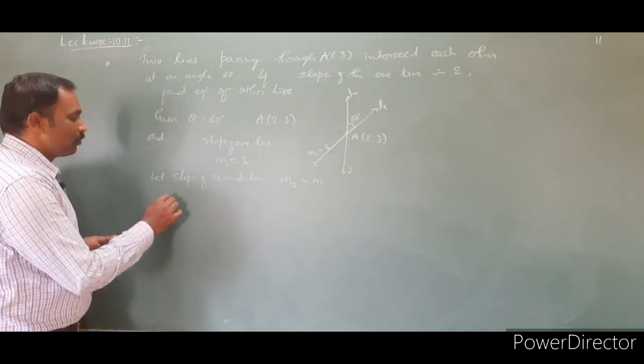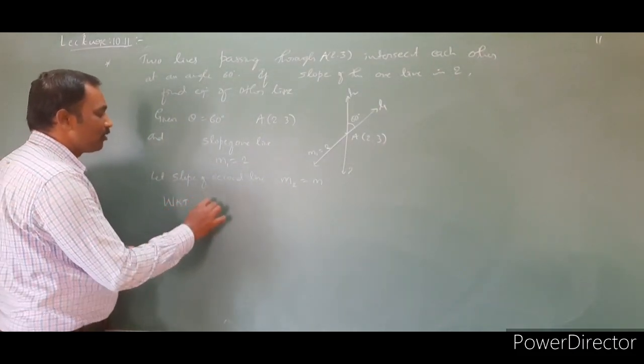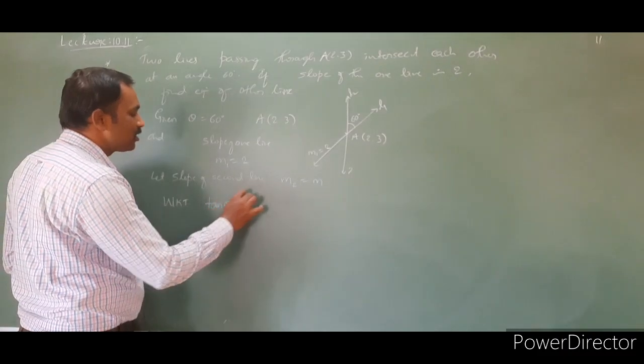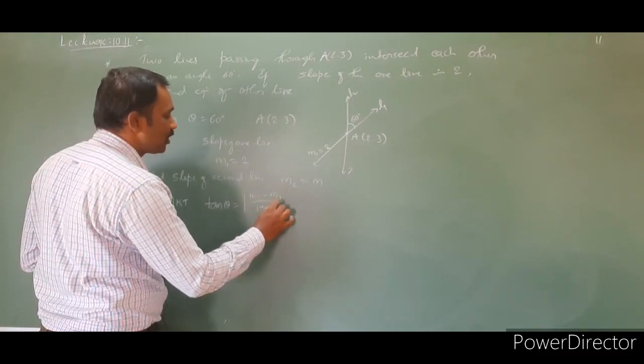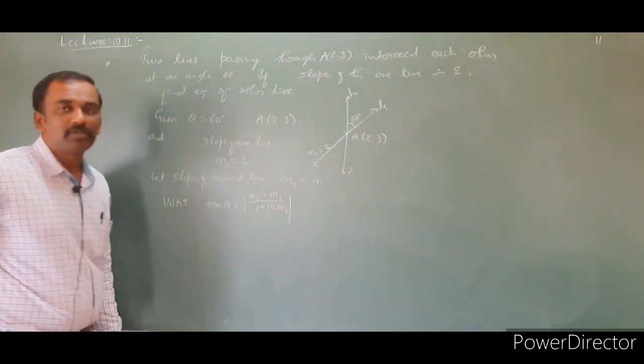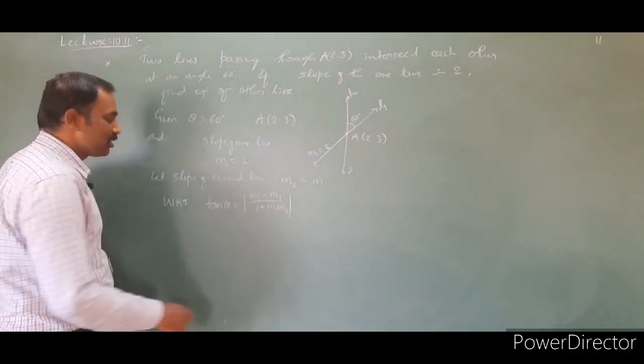Now we know the formula. What is the formula? Tan of theta is equal to mod of (m2 minus m1) divided by (1 plus m1 times m2). Replace and simplify.